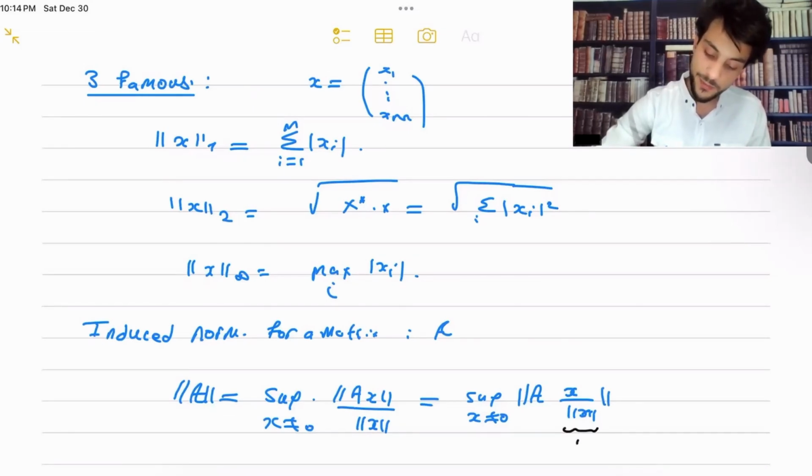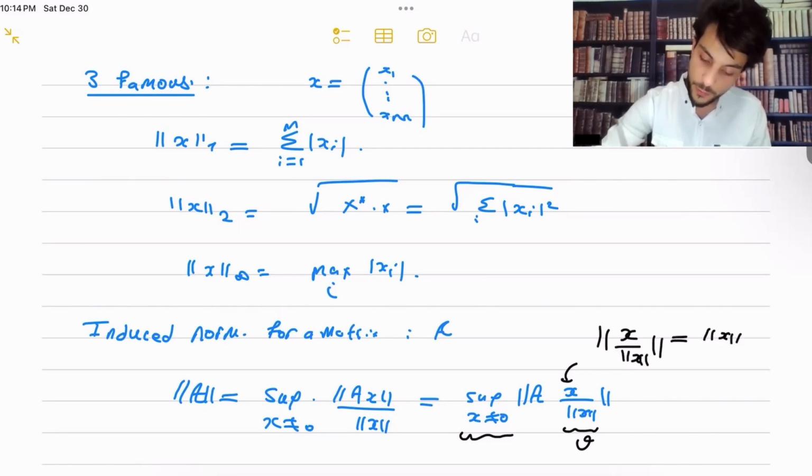If we call this vector v, we see that we'll be taking the sup over all vectors that are of norm 1, because the norm of this thing, again by homogeneity, is just the norm of x over the norm of x, which is just 1. So for that reason, we can rewrite this as the sup over all v's of norm 1 of the norm of Av.